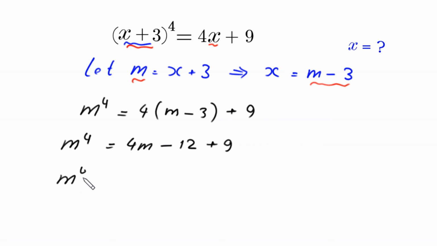Negative 12 plus 9 is negative 3. We move this 4m and this negative 3 to the left hand side, then this equation will become m^4 - 4m + 3 is equal to 0.